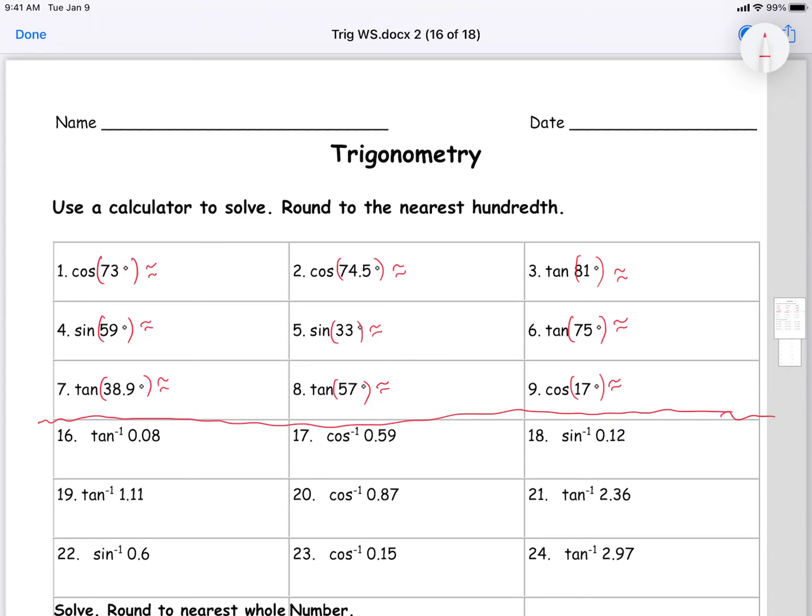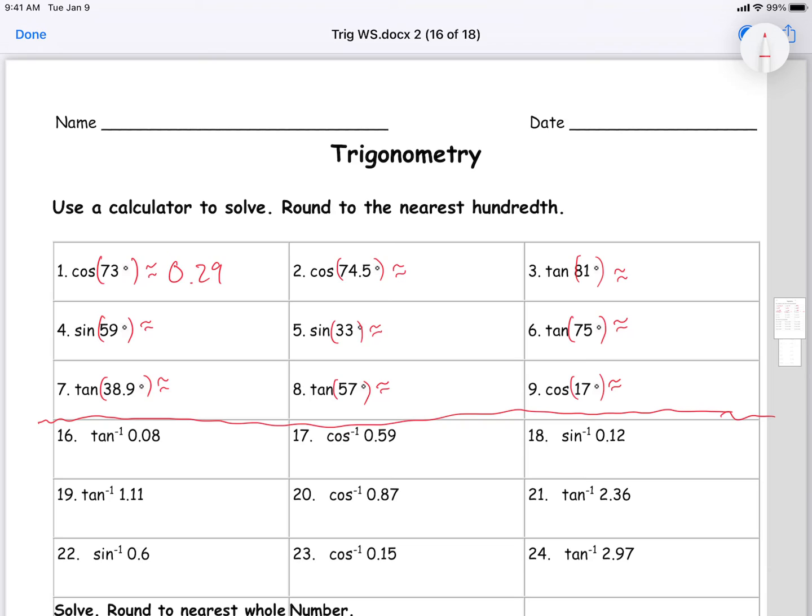All right. So, who can tell me what we got? What's cosine of 73? 0.29. Yeah. Okay.